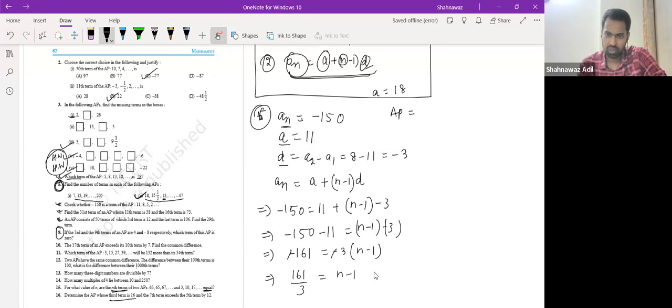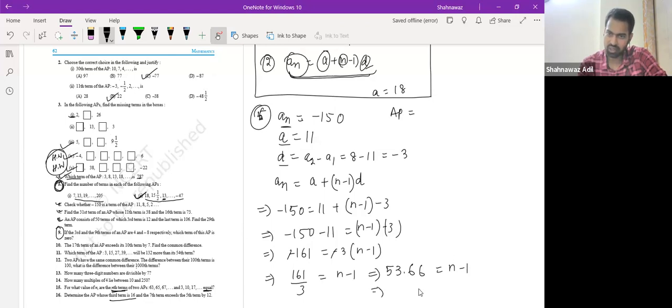So let's divide: 161 by 3, 16 minus 15 is 1, 11 minus 9 is 2, and so on, so 53.666 and so on equals n minus 1.